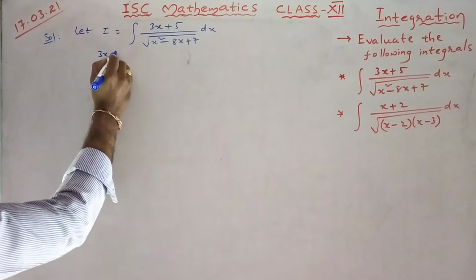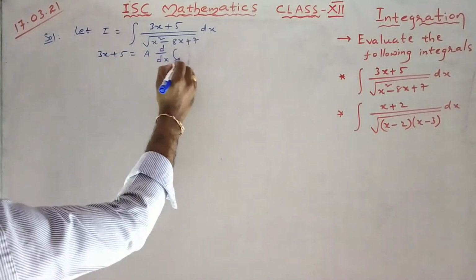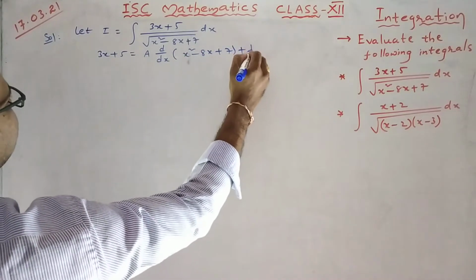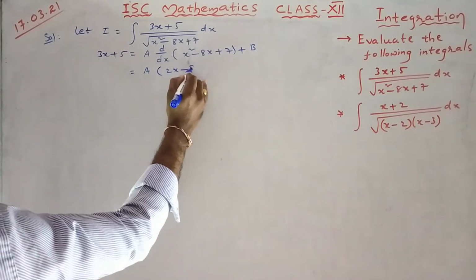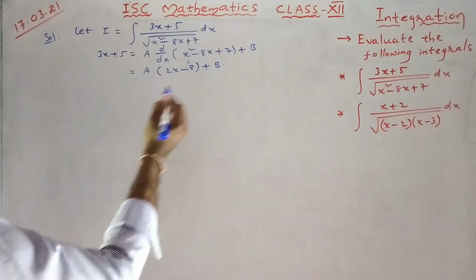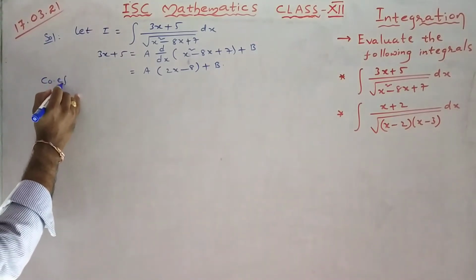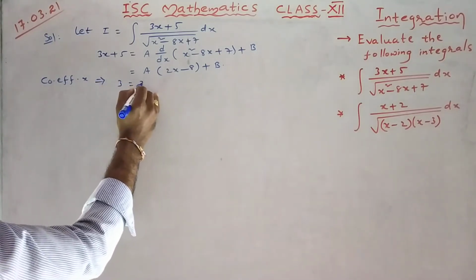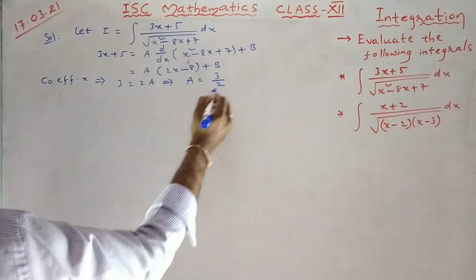So 3x plus 5, the numerator, equals a times d by dx of the denominator plus b. So we will get a times (2x minus 8) plus b. Comparing the coefficient of x on both sides, we get 3 equal to 2a, that implies a equals 3 by 2.